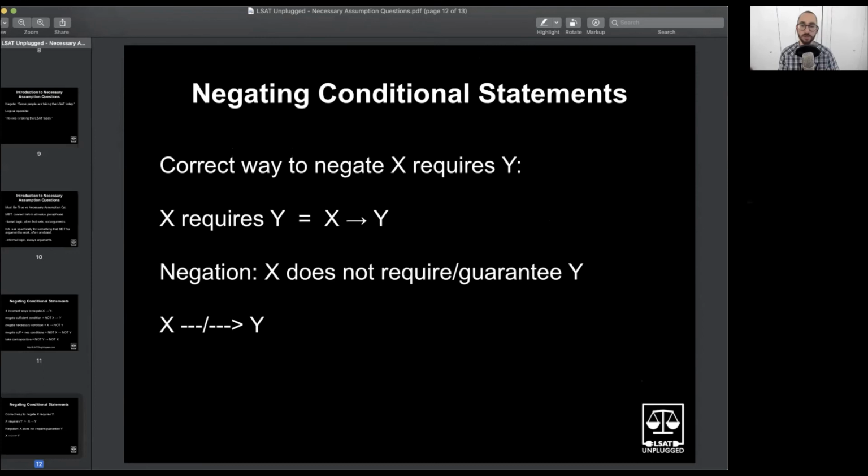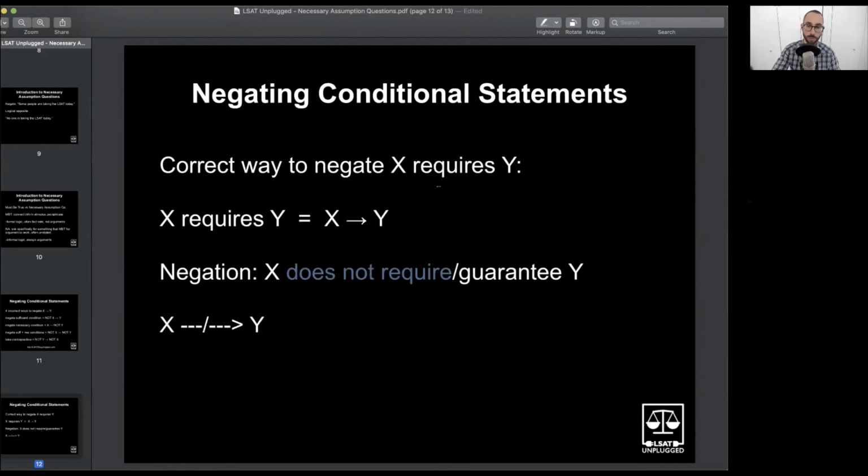I've talked about this in some other contexts fairly recently, but I know it's a confusing topic and maybe not everybody got it down, so I thought it was worth including again. But again, if we say X requires Y, the negation would be negating that verb itself. So the verb requires, right there, that becomes does not require.